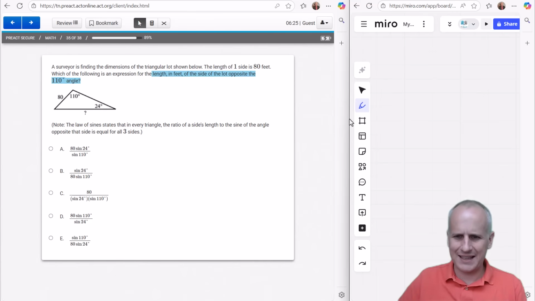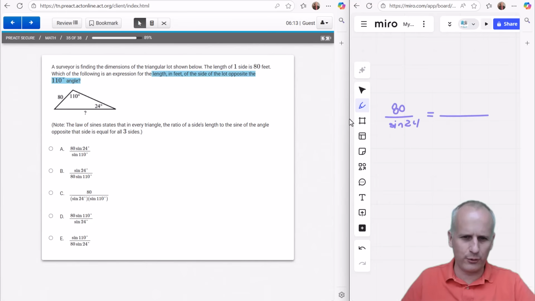So that means that my side length of 80 over the sine of 24 has to be equal to that side length we're looking for with the question mark, I'll just call it an x, over the sine of 110. Now it's just a matter of cross multiplication.